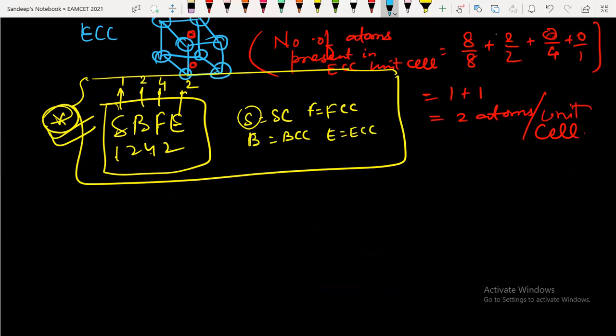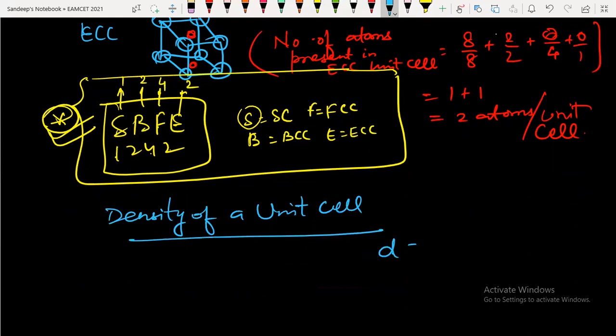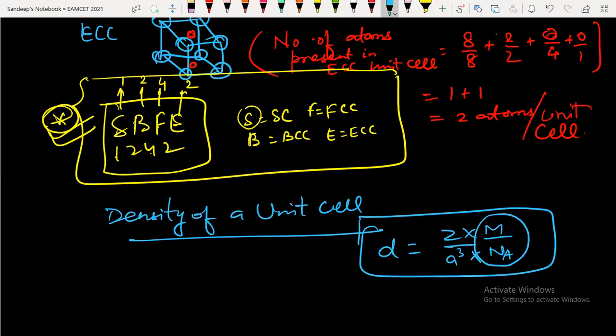Now, how to find the density of a unit cell? Density of a unit cell can be found by this formula: density is equal to Z into molar mass by Avogadro number, divided by the volume of the unit cell. This gives the mass of one single unit upon the volume of the unit cell. Keep this in mind, student.